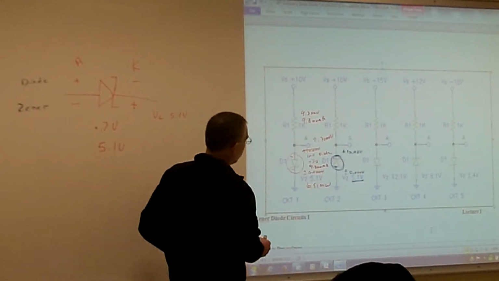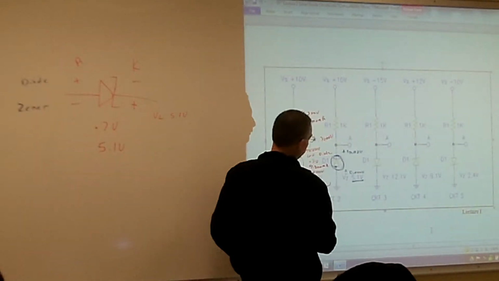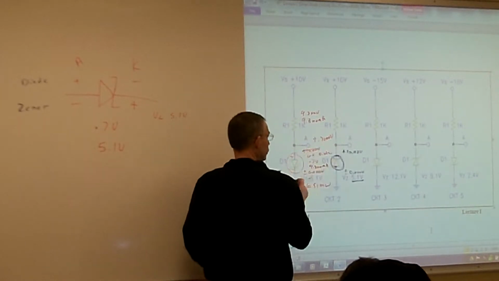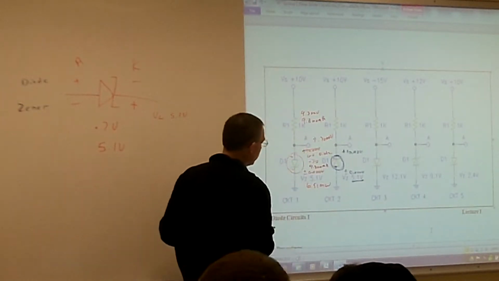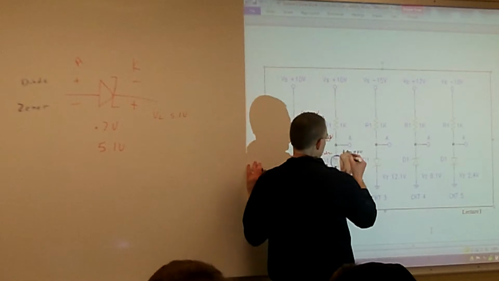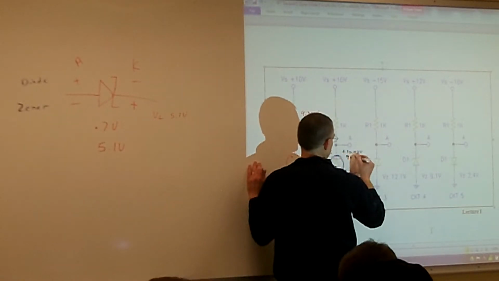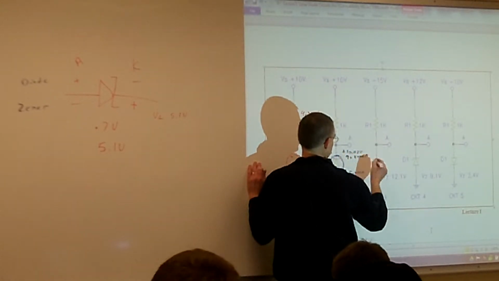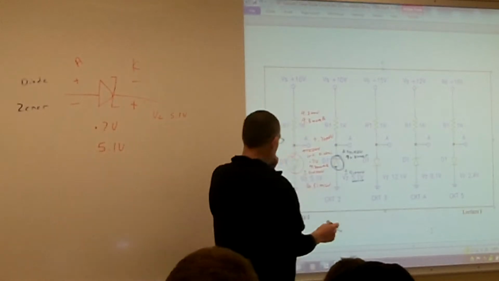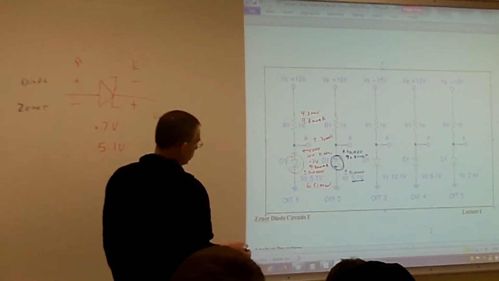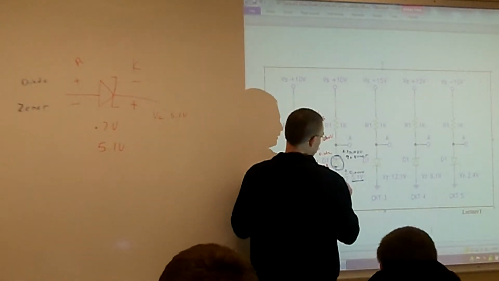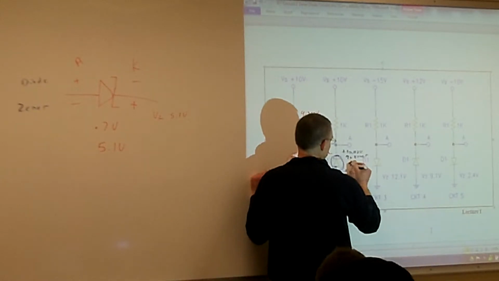Are we greater than 5.1 volts across that? Yes. So we know it's going to become a Zener. It's going to drop its voltage first, and the Zener drops 5.1 volts.